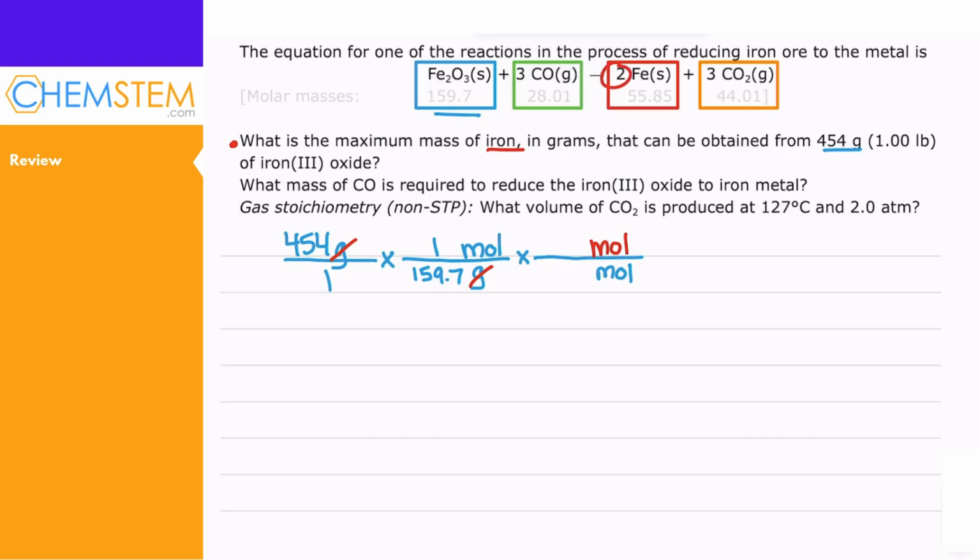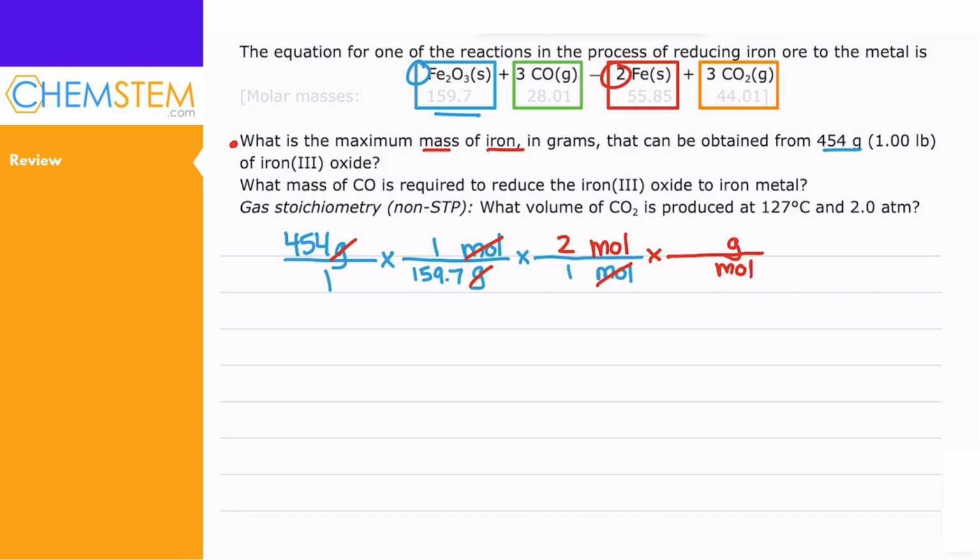There's a big 2 in front of moles of iron, and there's a big invisible 1 in front of the moles of the iron(III) oxide. So we can cancel out top and bottom here. And then, of course, we can go one more step because it does ask for the mass of iron. So we can go from moles of iron to grams of iron.